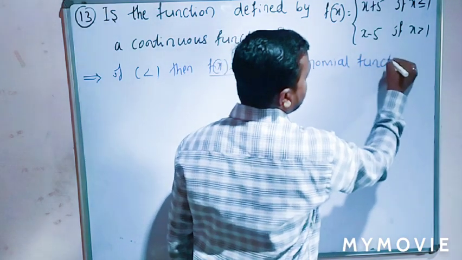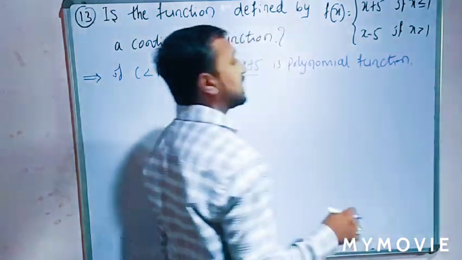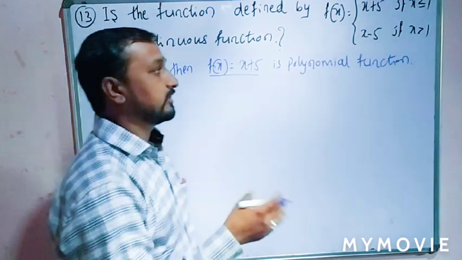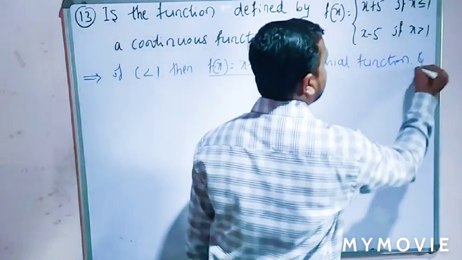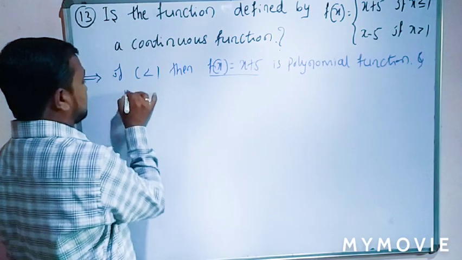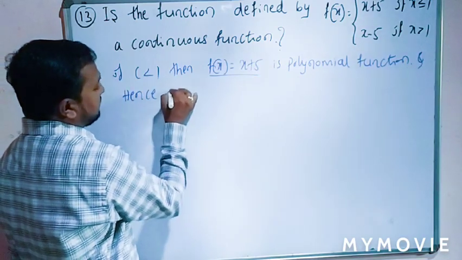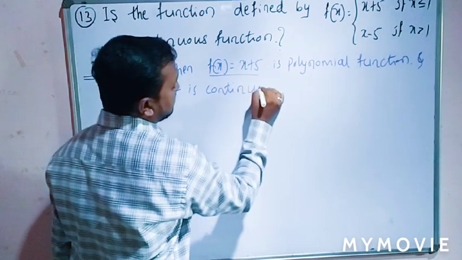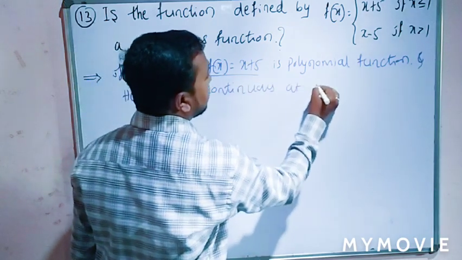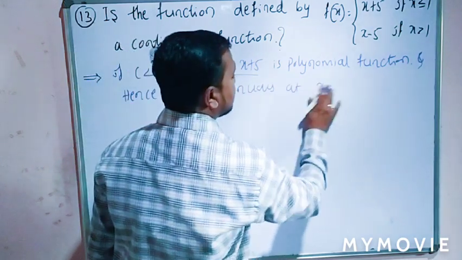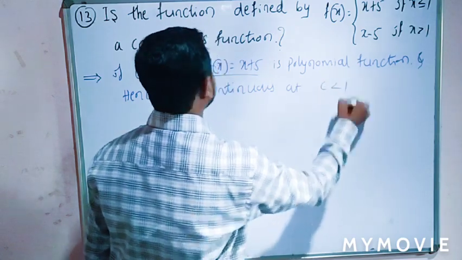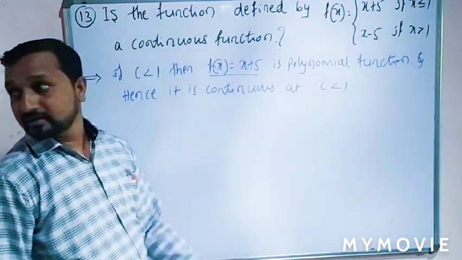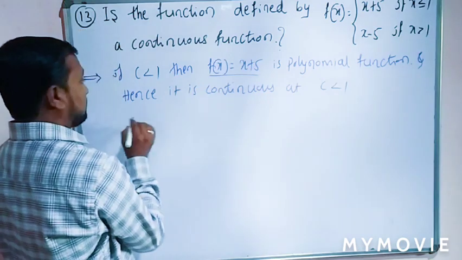So already we know that every polynomial function is continuous, and hence it is continuous at every real number c less than 1. This function should be continuous.